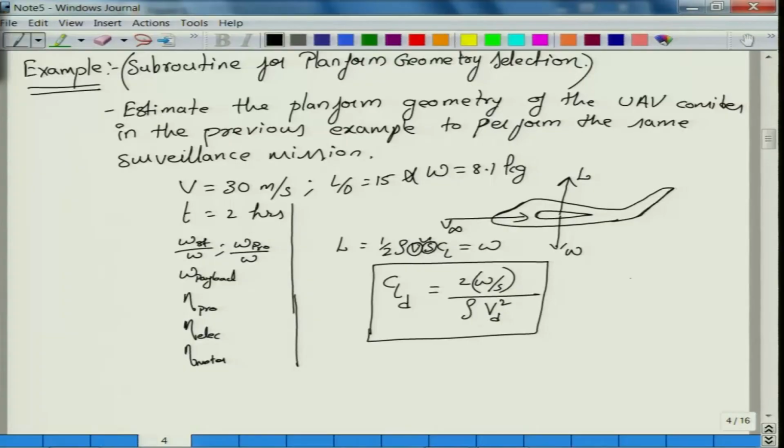So, the wing here, for example, if you take the top view of this UAV, the wing that you are going to design, the Planform here, is responsible for generating the lift, right.